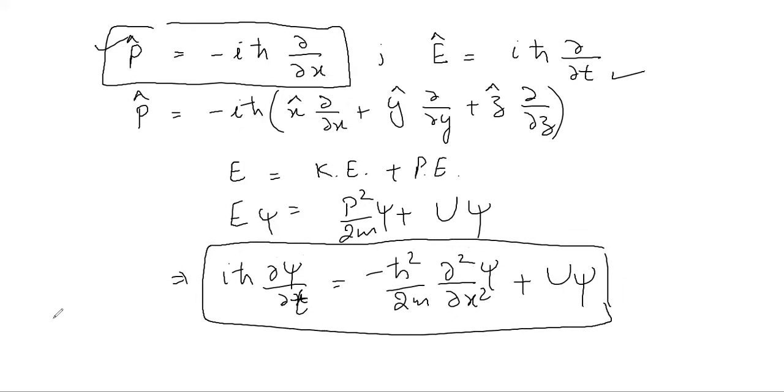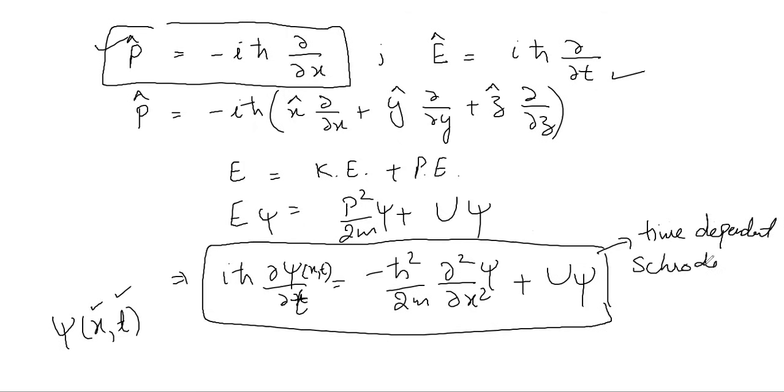And it is obvious that your psi is going to be a function of x and t. We are talking about your wave function being a function of only one position variable and time here. That is why this is called the time dependent Schrodinger wave equation, and this is the basis of quantum mechanics.